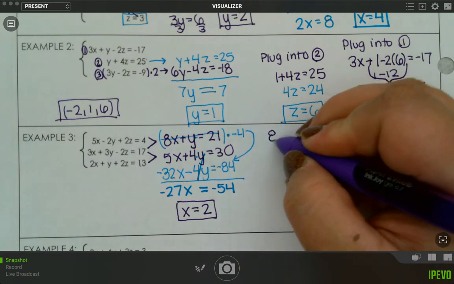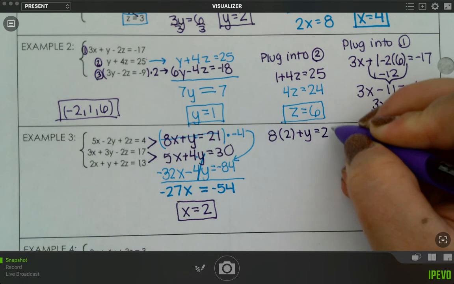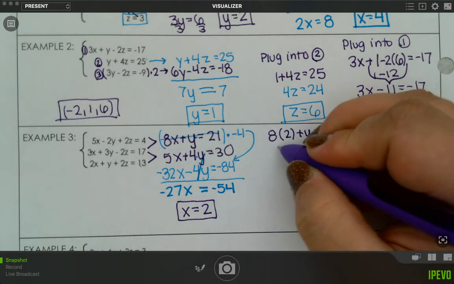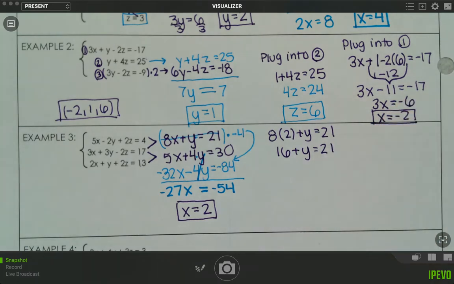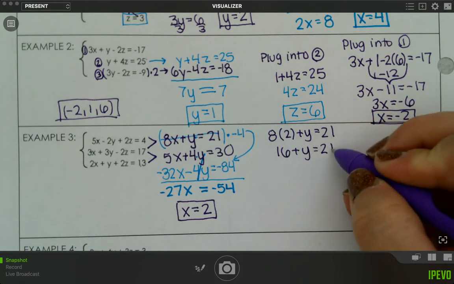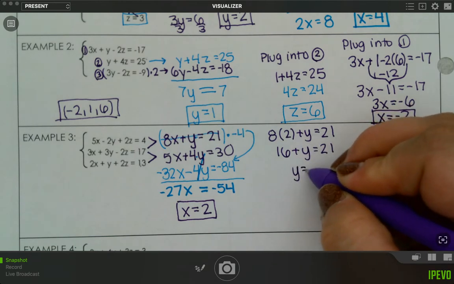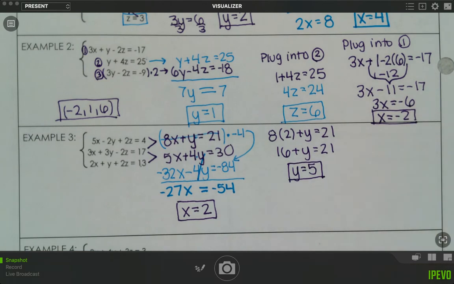So 8 times 2 plus y equals 21, which is really the same thing as 16 plus y equals 21. So then I need to subtract this 16 from the 21, and I get y equals 5. And last but not least, I need to find z.